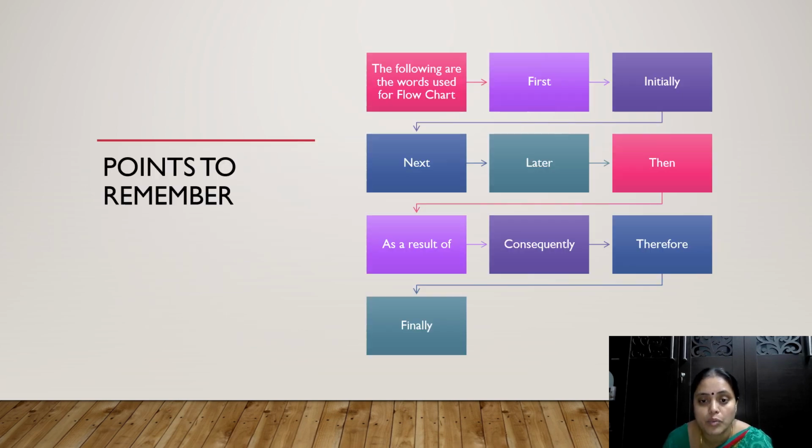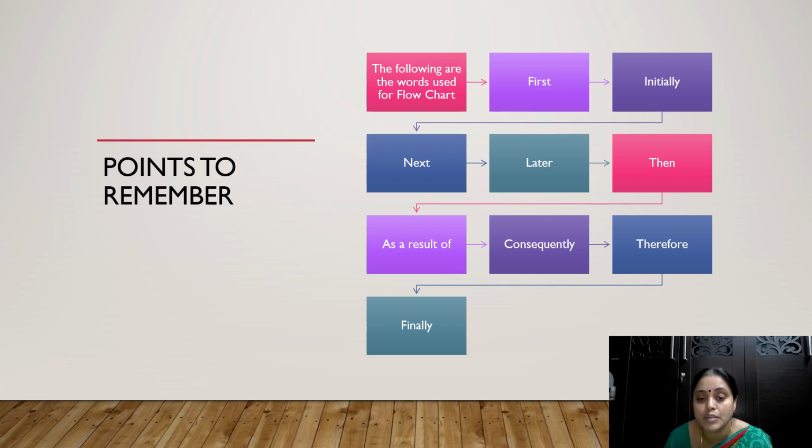First, we shall see the words that are used to interpret a given flow chart. Especially, the connectors play a vital role while you are interpreting the chart and writing it as a paragraph. The following are the words generally used for interpreting the flow chart. For example: first, initially, next, later, then, as a result of, consequently, therefore, finally.